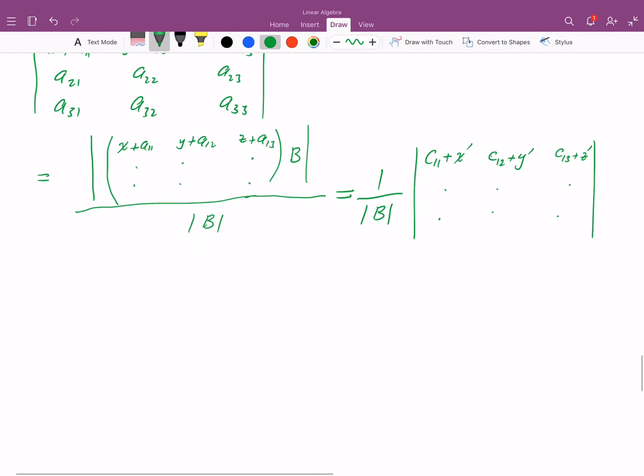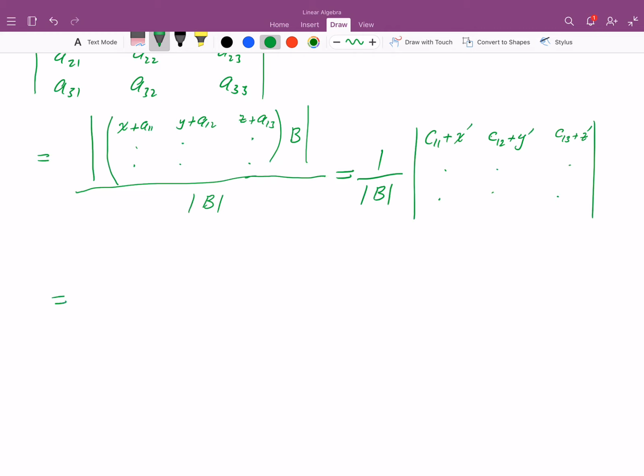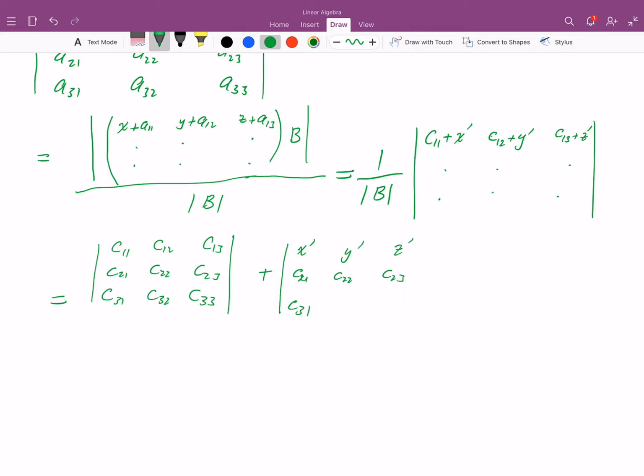Now this is just a regular old determinant, okay? So we can use the linearity we know to expand this, and we would get basically C11, C12, C13, C21, C22, C23, C31, C32, C33, plus X prime, Y prime, Z prime, C21, C22, C23, C31, C32, C33.